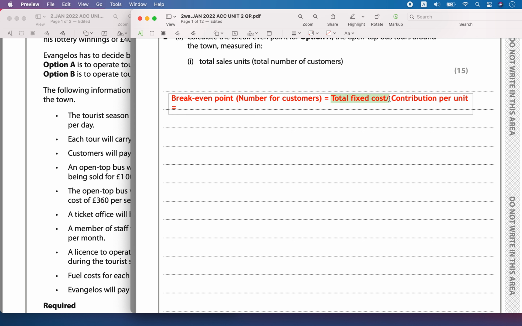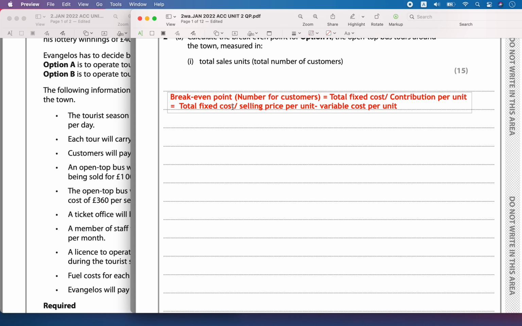So what is contribution per unit? That is equal to the selling price per unit, per customer here, minus variable cost per unit.